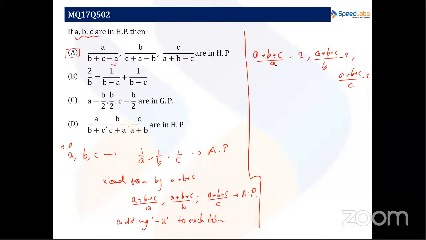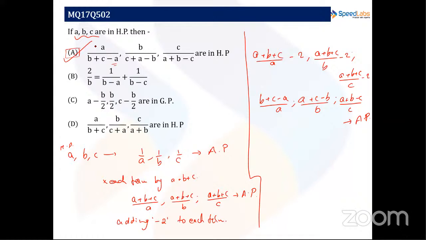On simplifying, we get (B plus C minus A) upon A, (A plus C minus B) upon B, and (A plus B minus C) upon C in AP. Now their reciprocals would be in HP. So obviously the first option is correct.